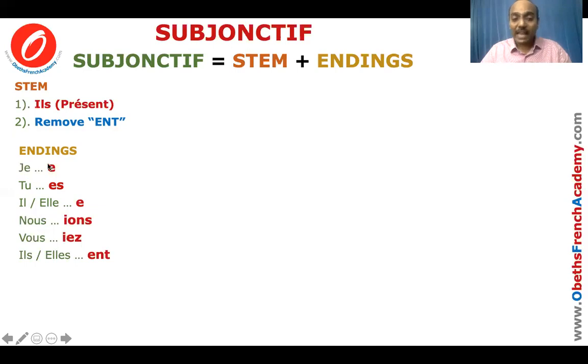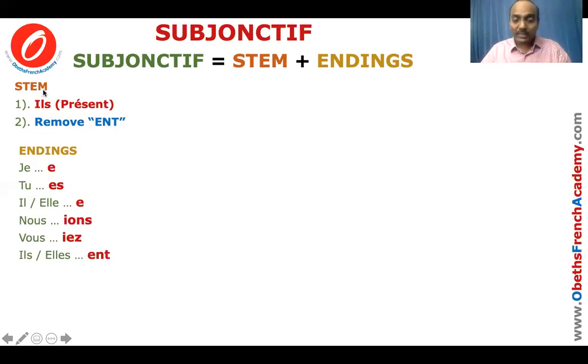Remember, the endings for subjunctive for nous and vous look like imparfait endings. But for all the other subject pronouns, the endings are like the regular ER verb present tense endings.